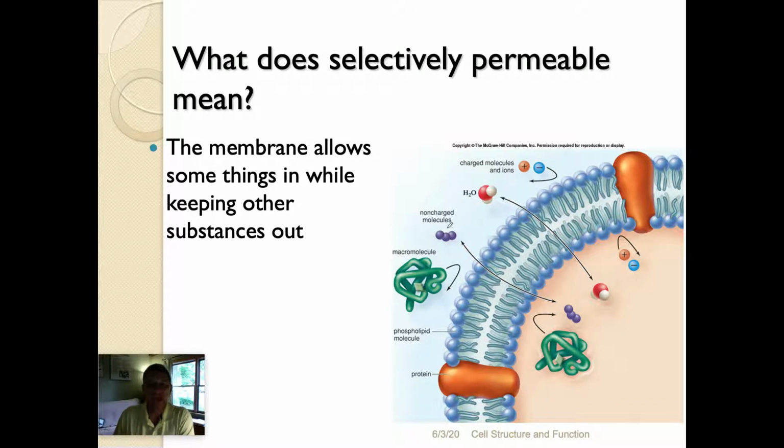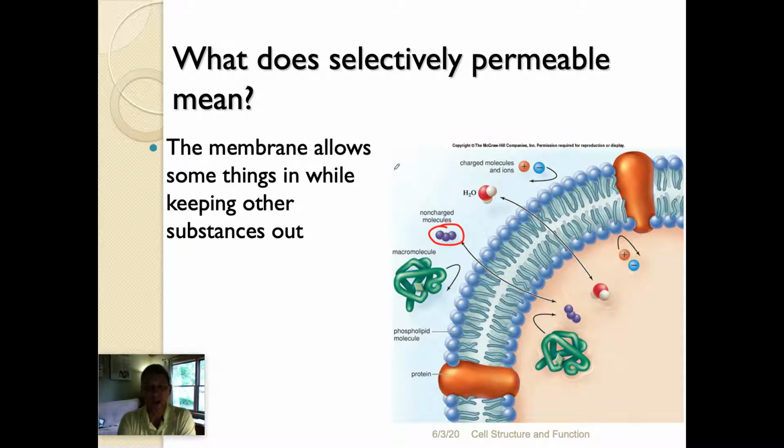If you are a small molecule that does not have a charge, you get in and out very freely. So things like air, oxygen, carbon dioxide. Even water molecules to some degree, although there are special channels that water can get in and out through. But these things will diffuse right through that membrane very, very easily.